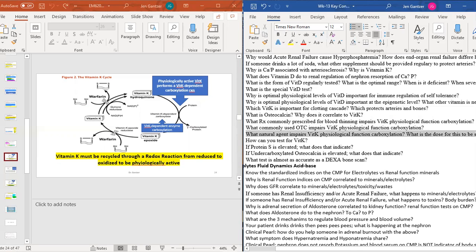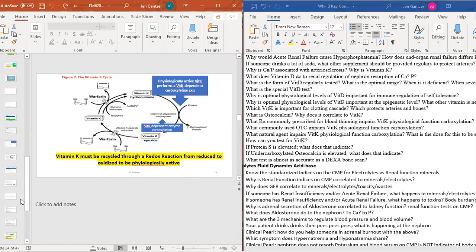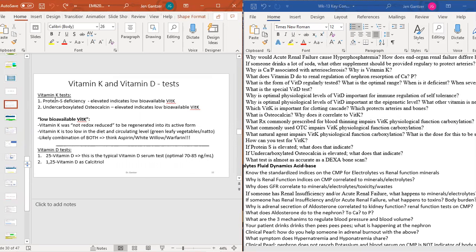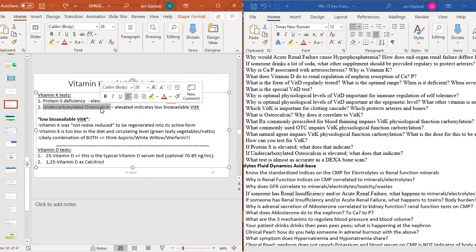What is the natural agent? Okay, we just talked about that. What is the dose? Greater than 750 in one dose. All right, so now how do you test? This is important. So now you understand the mechanisms of what we're looking for when we're testing vitamin K and vitamin D. So the vitamin K tests are protein S deficiency and undercarboxylated osteocalcin.